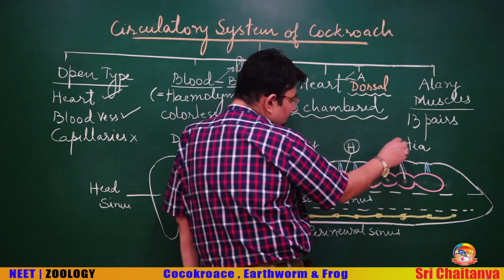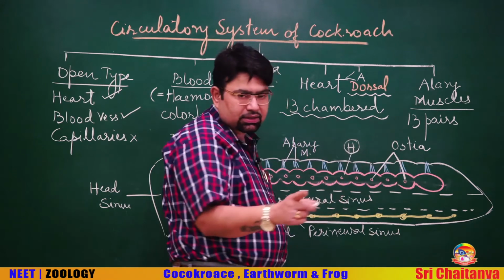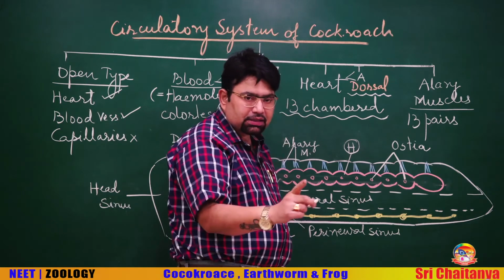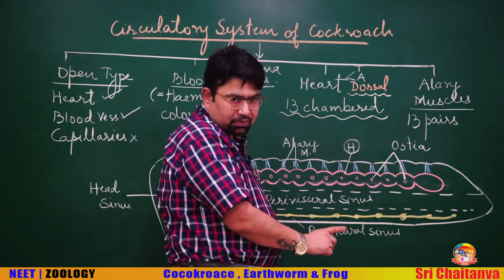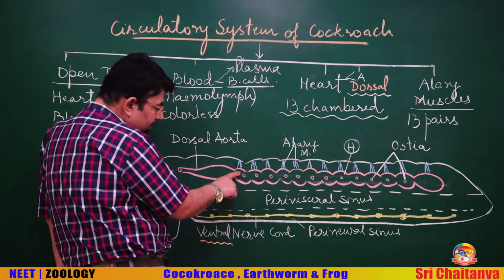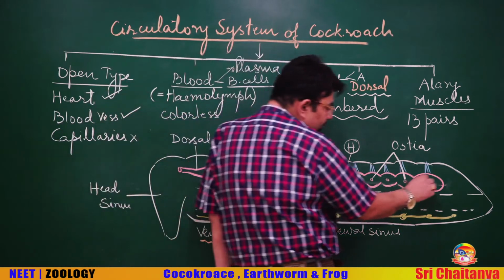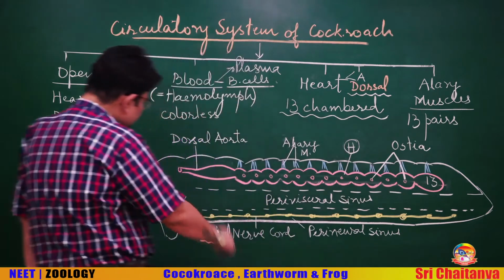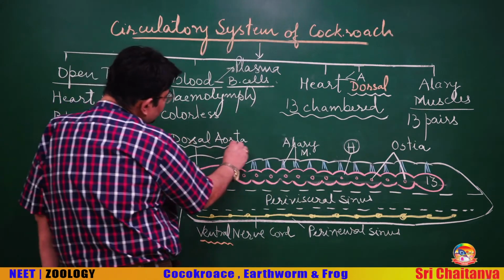So, ostia, one ostium, many ostia. Such an opening is absent in the last chamber. So, we start counting from here 1, 2, 3, 4, like that we go, and this is the 13th chamber. This one is the dorsal aorta.